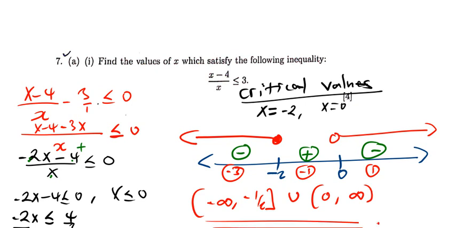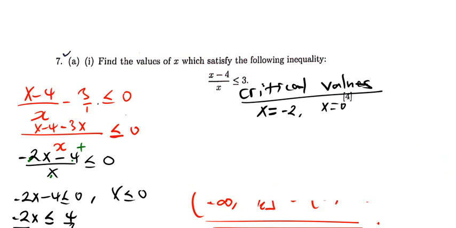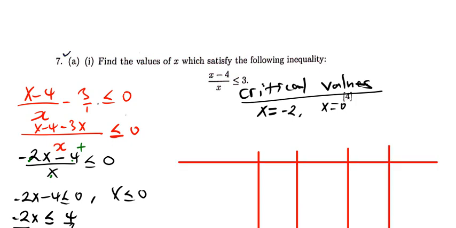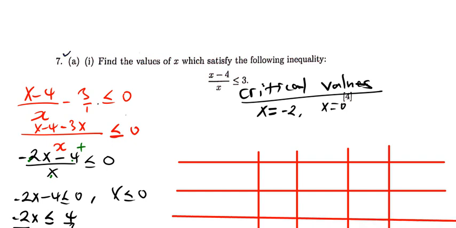If you're not okay with this method, I'm going to go ahead and use the table method, which is basically the same thing. So we have negative 2, then 0 here.